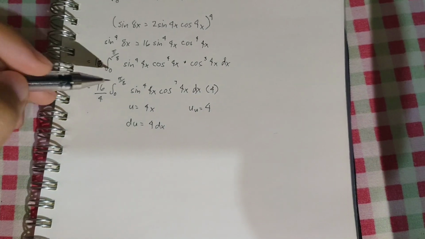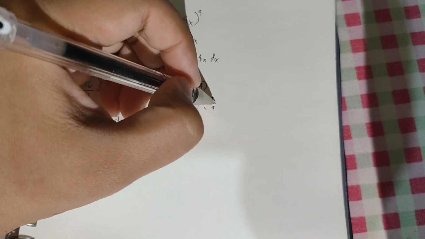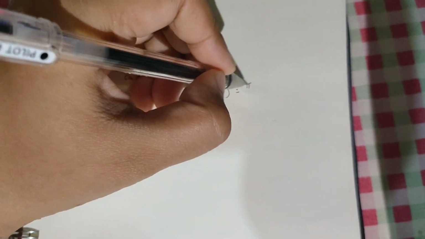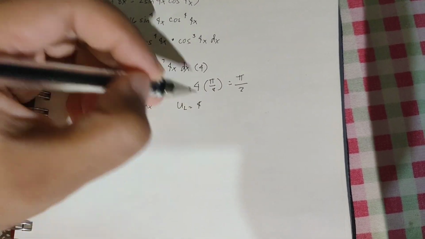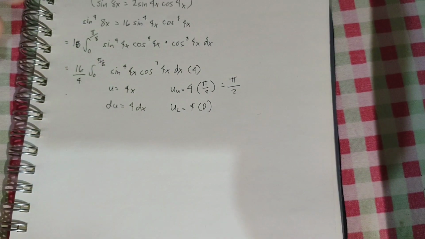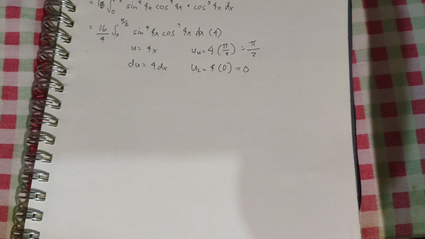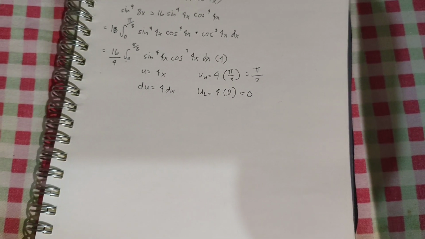So u, which is our upper limit, is 4 times pi all over 8, which is equal to pi over 2. Our lower limit is 4 times 0, which is equal to 0. So that's it. We already have our new limits and our new formula.